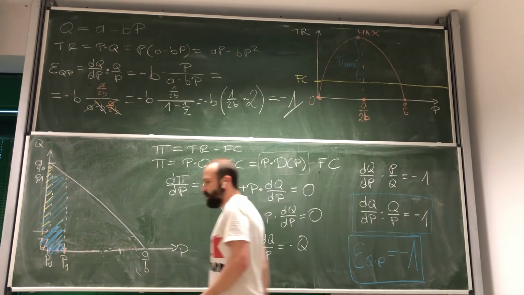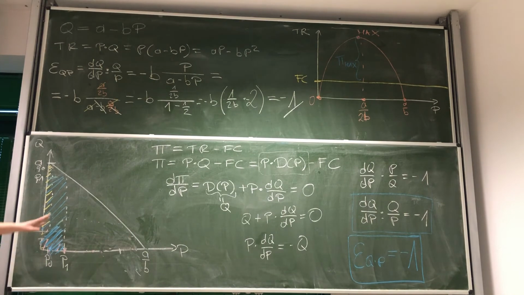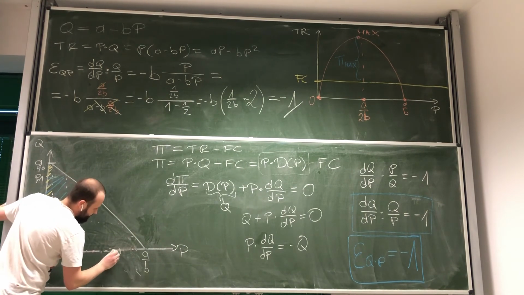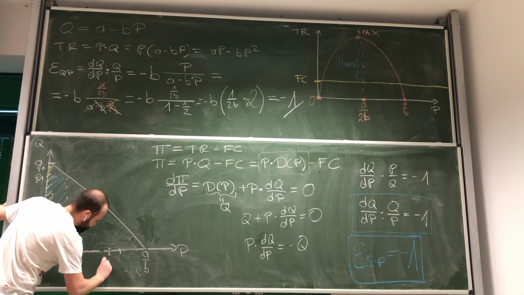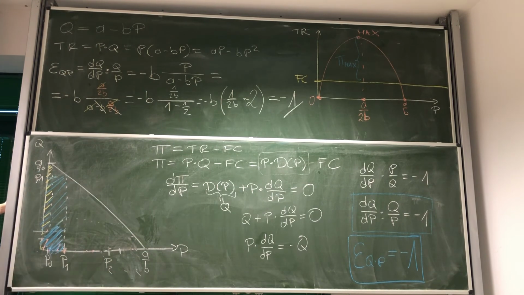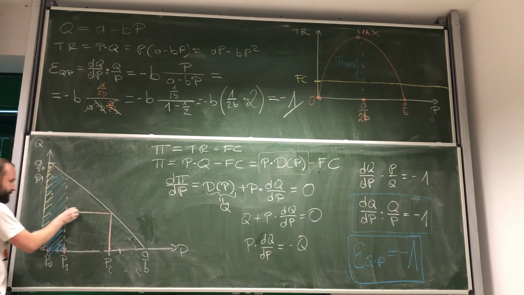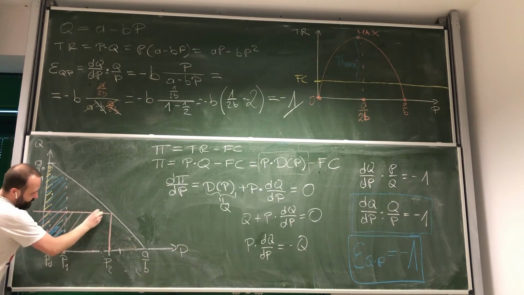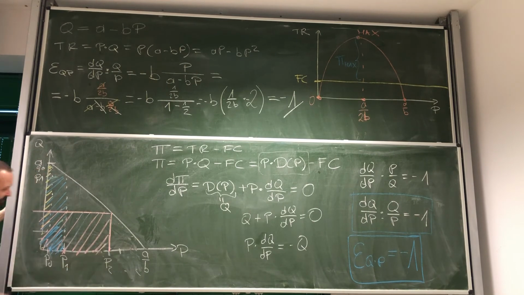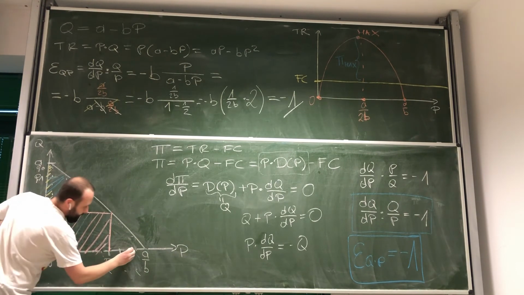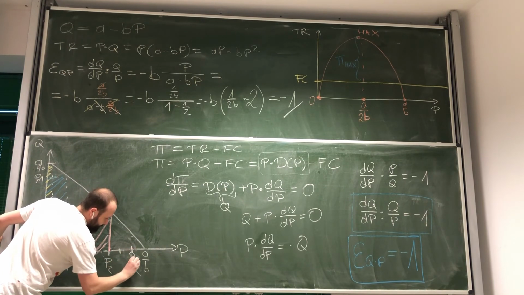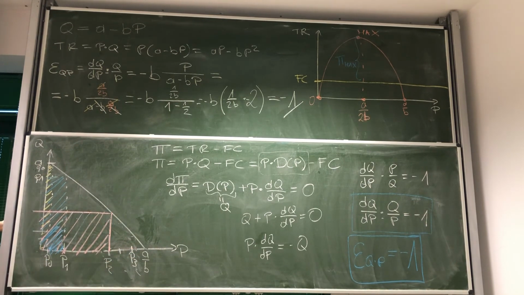Now let's consider a different possibility. If now price is at some P2, then our total revenue is this big rectangle. Now look, what will happen if I increase the price to some P3?